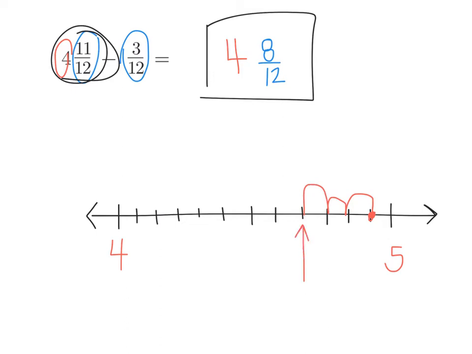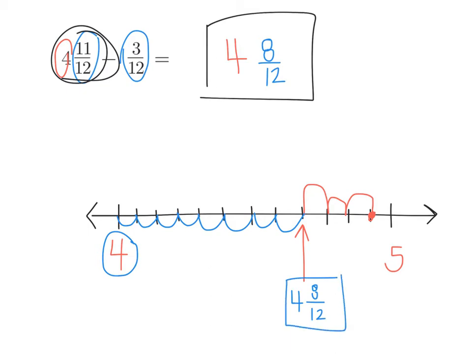And so looking at the number line, I know that this is 4 1/12, 2/12, 3/12, 4/12, 5/12, 6/12, 7/12, and 8/12. So therefore, the answer must be 4 8/12. So again, using the number line and using what we know about units, we can find out that 4 11/12 minus 3/12 is 4 8/12.